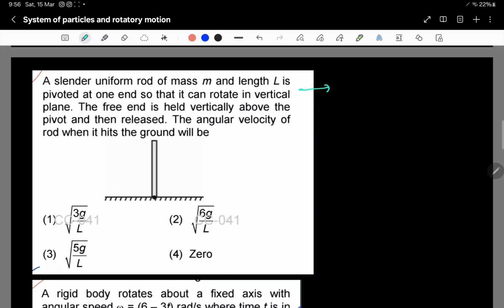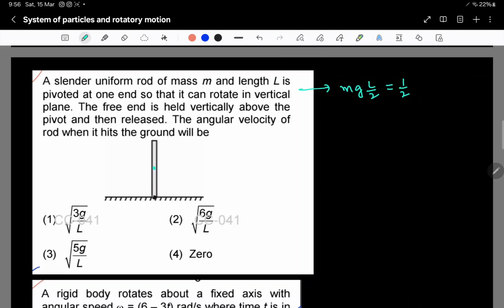So what is the potential energy of a uniform vertical rod of length L? It is up to the center of mass only. Potential energy mg L by 2 equals rotational kinetic energy, half I omega square.